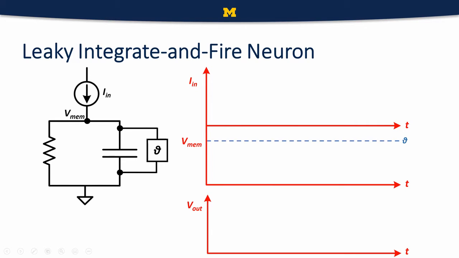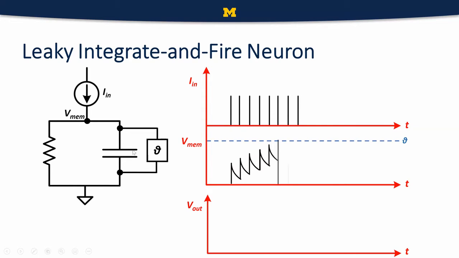The leaky got the integrate, now let's fire. So this theta is like a thresholding mechanism. So if we apply a similar spike train, then what we see is the membrane potential, the mem, is going to hit the threshold at some point. The moment it hits the threshold, it suddenly triggers that action potential down its axon, and it triggers a spike.